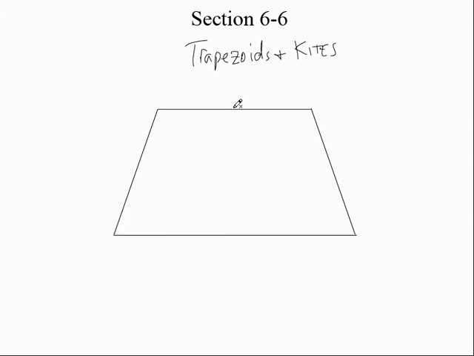First of all, it's a trapezoid, so those two sides are parallel to each other. But look at this leg and this leg. What do you think might be true about them? They're equal in length. So it's an isosceles trapezoid.